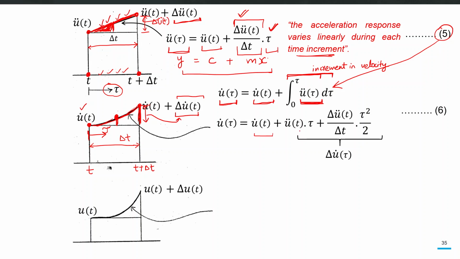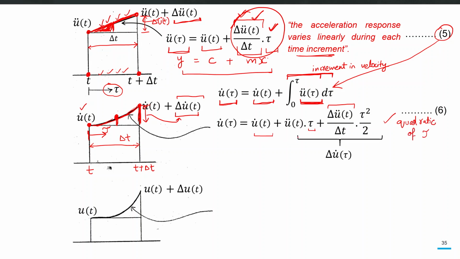So that constant will be multiplied by the variable tau when we integrate it, plus the integration of this whole thing, and again the slope is a constant thing, so the slope will remain the same, and then the integration of tau is tau square over 2. So which means that now this is a quadratic variation of tau.